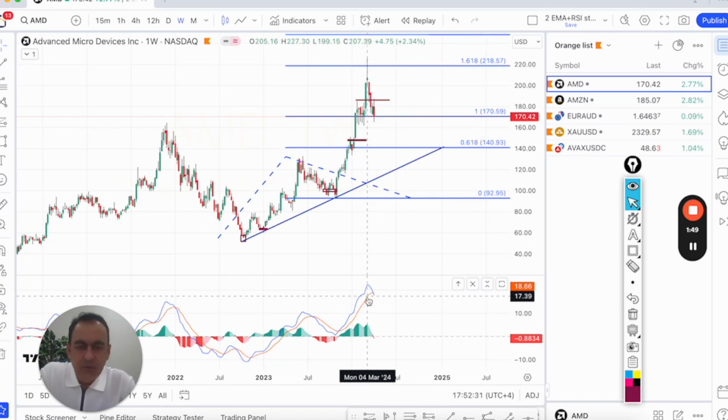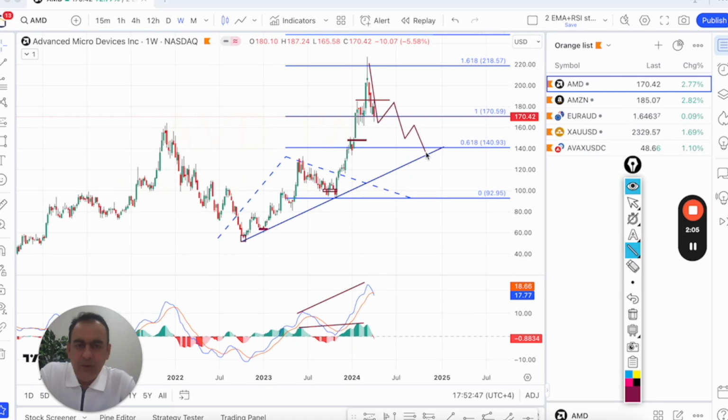It has formed a bearish cross on MACD lines, and we got the red histogram here. Now because of higher high formation on MACD lines and even on histogram, I'm confident that it is a temporary drop and it is going to rise again.